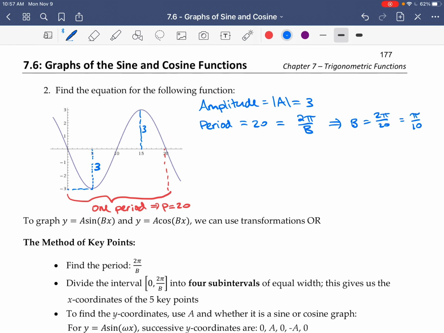Now I'm going to assume this is the sine graph. Normally the sine graph goes up initially, but here it goes down, so it's been flipped.